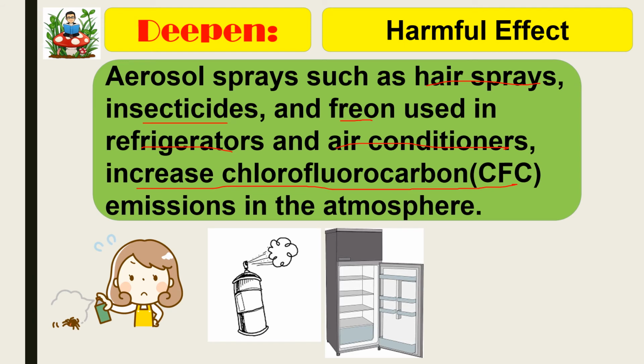Hairspray is what your parents, even your grandmother way before, used to style their hair. Insecticide is sprayed to kill insects and mosquitoes. And freon is why the refrigerator keeps cooling.